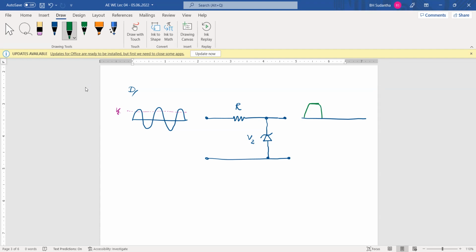Why? At this point, the voltage is slowly increasing. From 0 to VZ, there is no problem because this is reverse bias, and there is no current going through it. But after that, you can consider the zener will not allow the voltage to increase beyond VZ. Then this is VZ.